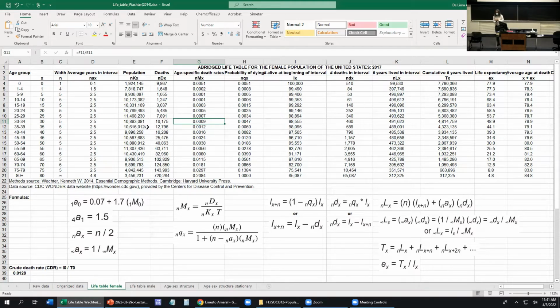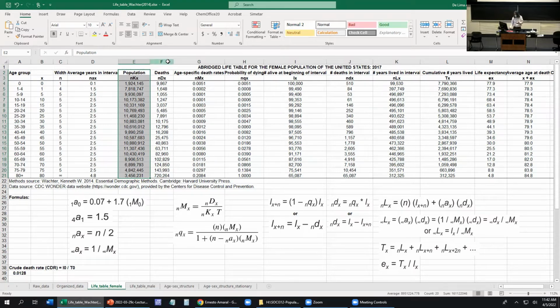Here we have to use a special formula to calculate the mortality probability based on the mortality rate. For the mortality rate, the denominator, the population, the Kx n, the size of the population by age group, is the population in the middle of the period, which is a way to approximate the measurement of person-years.